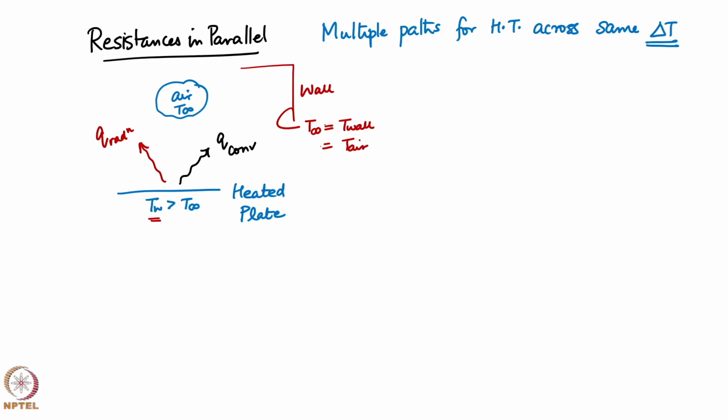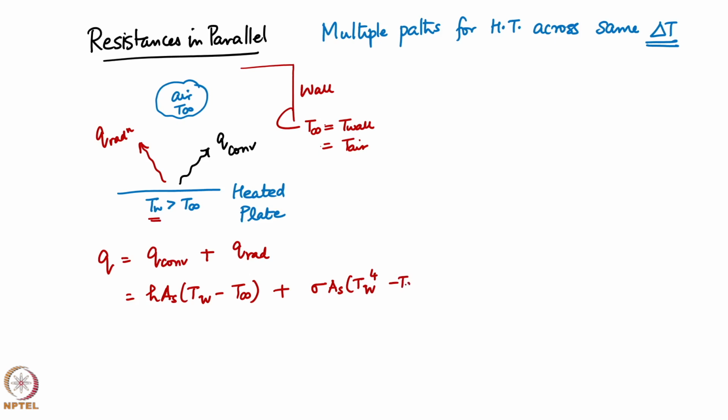So, the heat transfer is going as Q is equal to Q convection plus Q radiation, which is h A surface (T wall minus T infinity) plus, what did we write for radiation? Epsilon sigma A surface (T wall to the power 4 minus T infinity to the power 4), and this epsilon is the emissivity of the surface. We saw this.